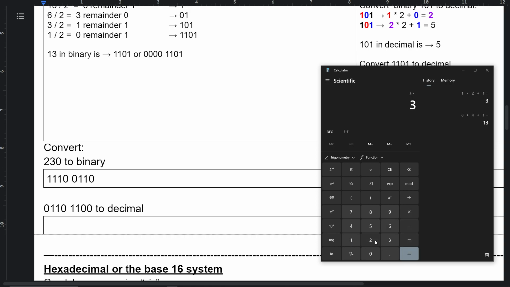Now we're going to multiply that by 2. Our next digit is a 0, so we are going to add 0. We're going to multiply that by 2. Our next digit is a 1, so we're going to add 1. Multiply that by 2. Our next digit is a 1, so we're going to add 1.